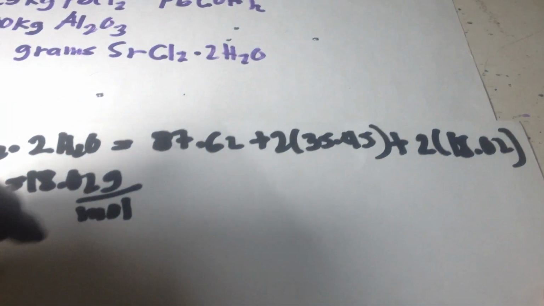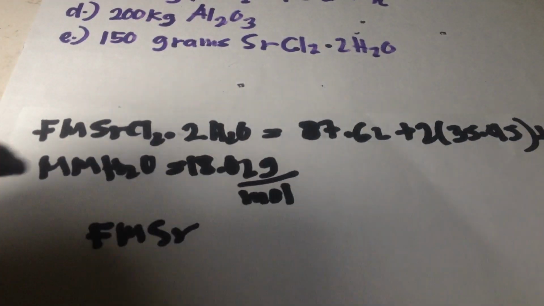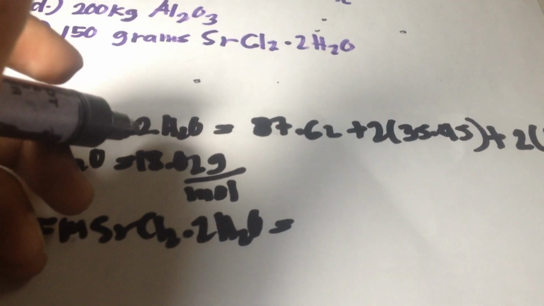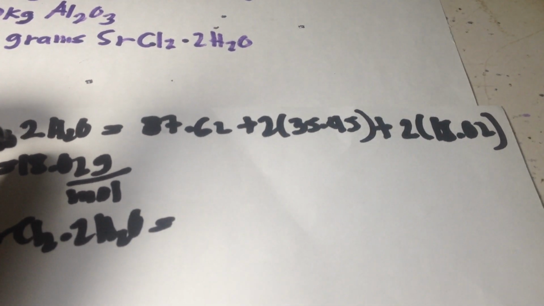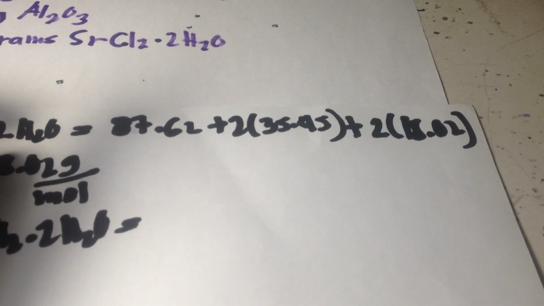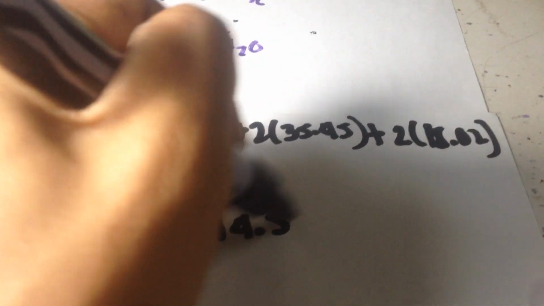So 87.62 plus 2 times 35.45 plus 2 times 18.02 is equal to 194.56 grams per mole.